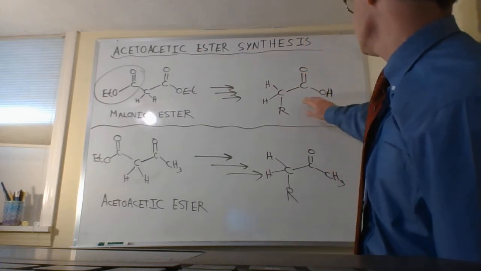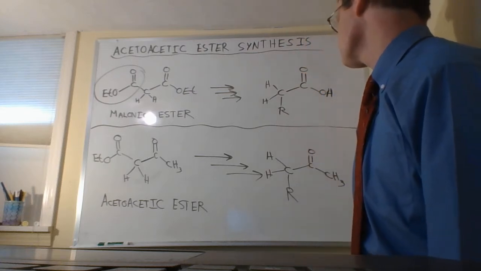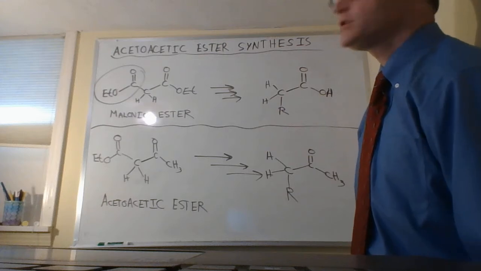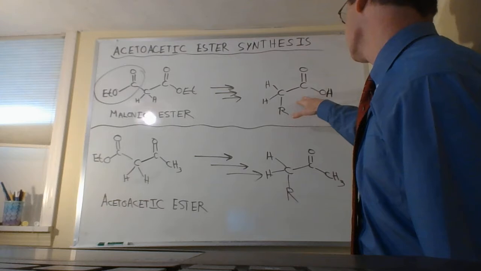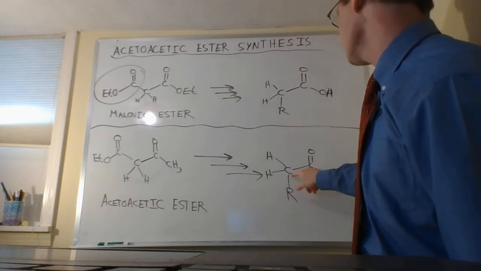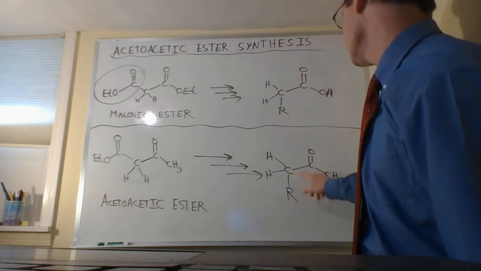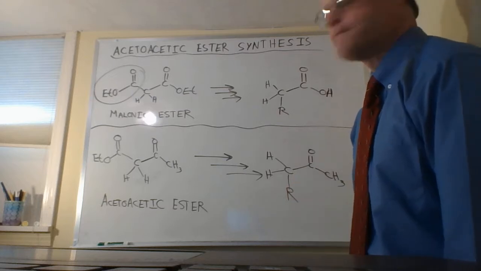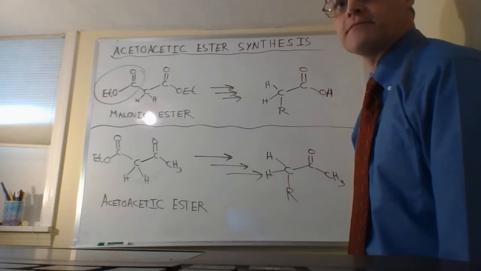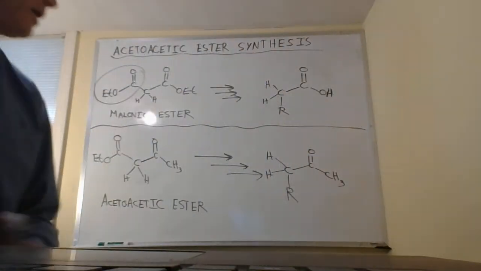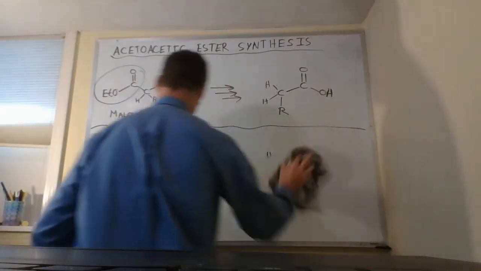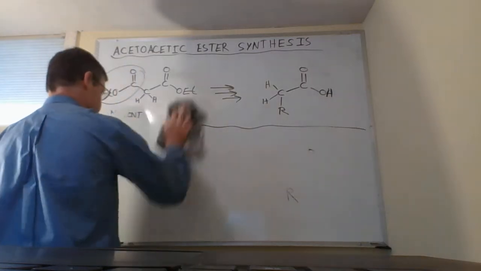So you can see they're almost similar things going on. It's just instead of making an alpha alkylated carboxylic acid, we're making an alpha alkylated methyl ketone. So let's look at an example here, and I'll break it down into the different steps.